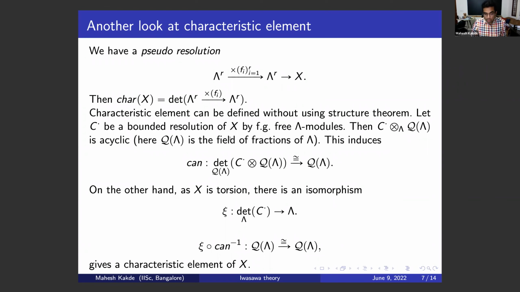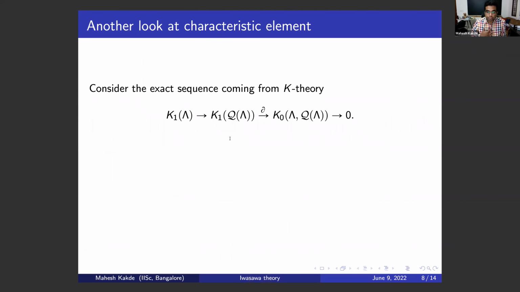Now I'm going to give a slightly different point of view on this. As soon as you see determinants, you can guess that K theory is going to come into the picture.